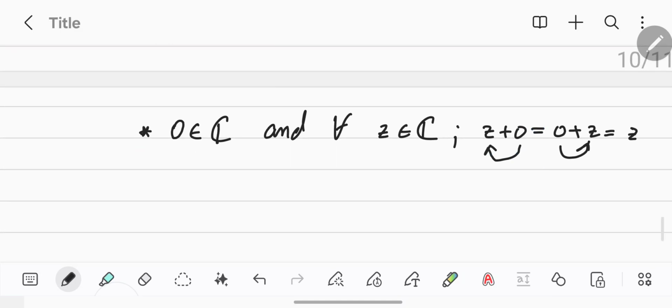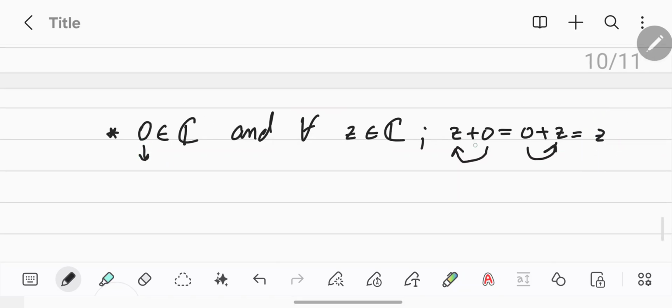This property is called the additive identity, or we call it the neutral element. So 0 is called the neutral element because it doesn't change the number. I have added 0 to z, but it didn't change z. We get back z. So that's why it is called the neutral element.